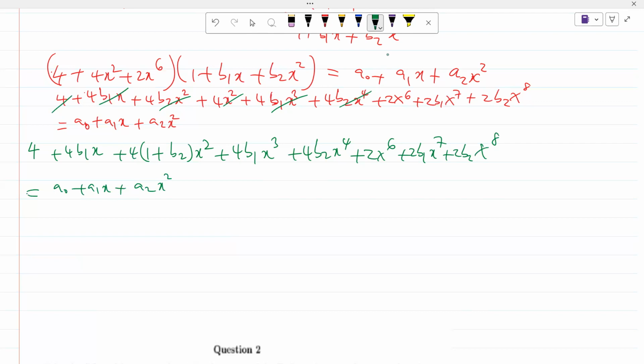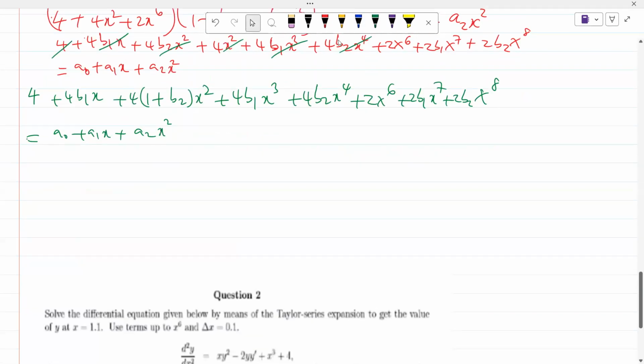Right, so we continue. Now we compare coefficients. Equate coefficients of like powers of x is the language we use.